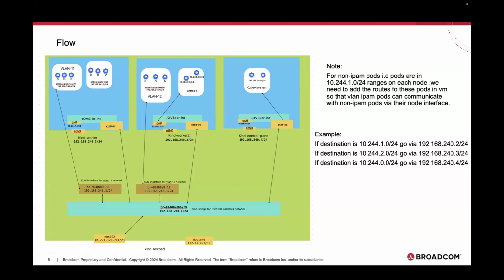But the destination is not in this CIDR, right? The destination in the route match part is the VLAN subnet. So the traffic matching the VLAN subnet will go through the node ETH0 eventually without the tag.